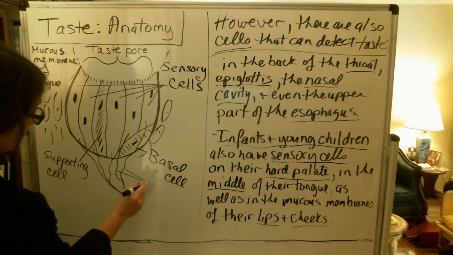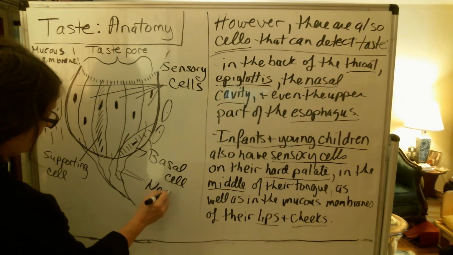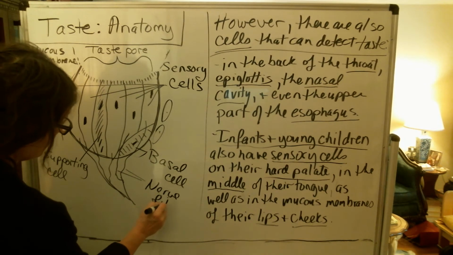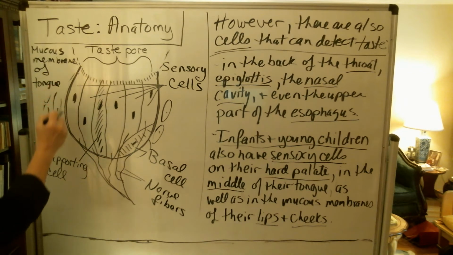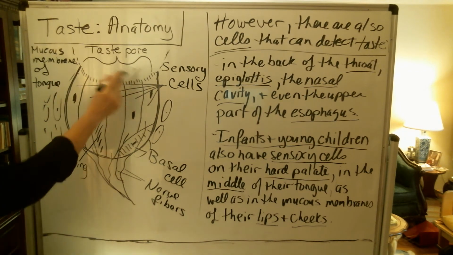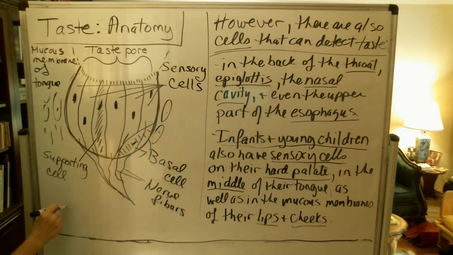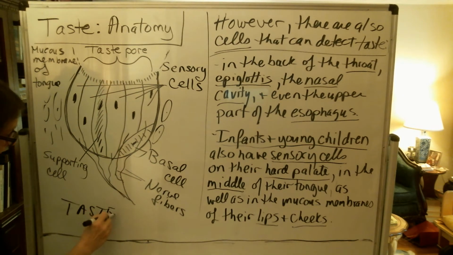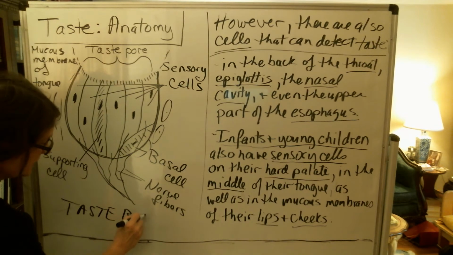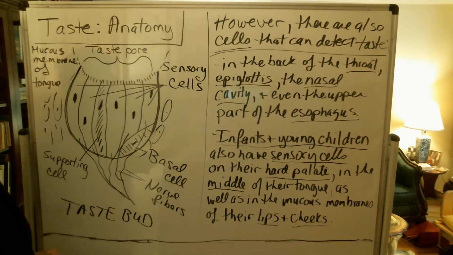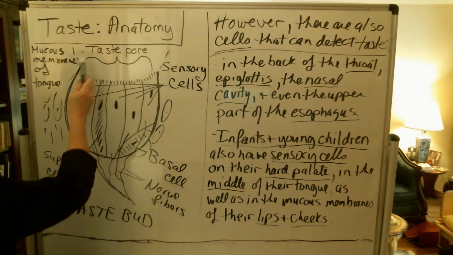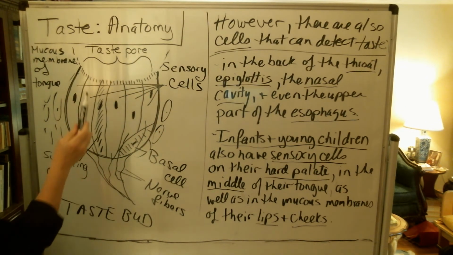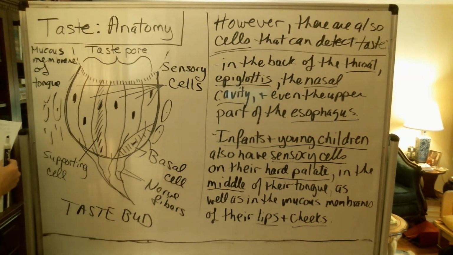I won't draw lines to all of them, but here we have nerve fibers, and this whole structure here, this lovely little flower-like object here, is called a taste bud. So the taste bud is this little object here with this depression called the taste pore.